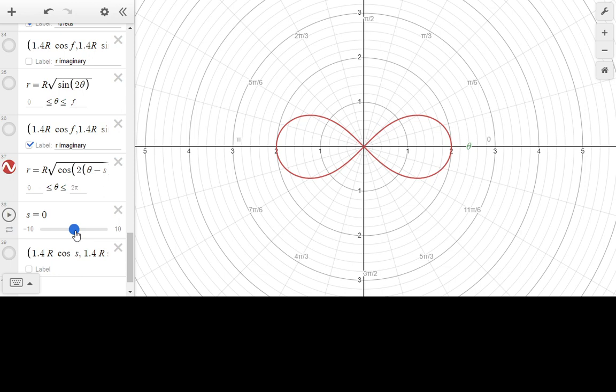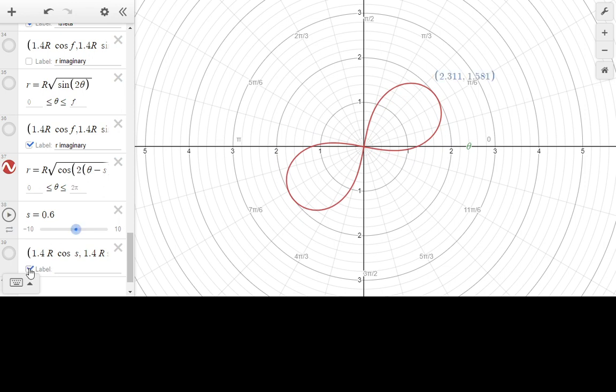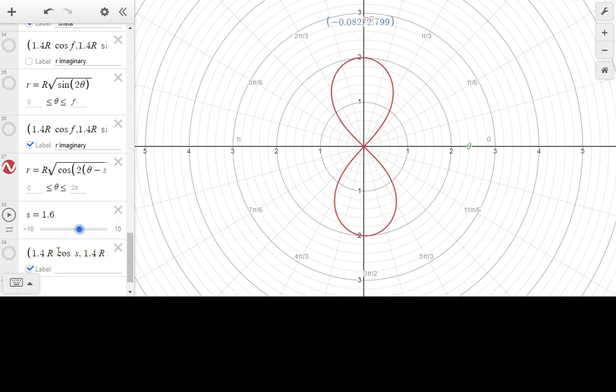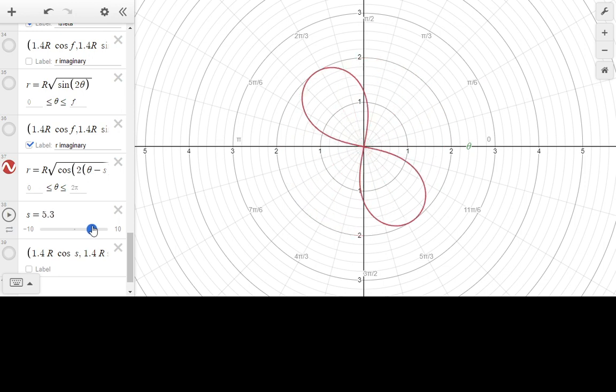Well, what happens is that it's not the translation that we saw in Cartesian coordinates. Rather, the concept of translation here becomes a rotation. That is, as I change my S, changing the amount that you subtract from theta simply causes a rotation.